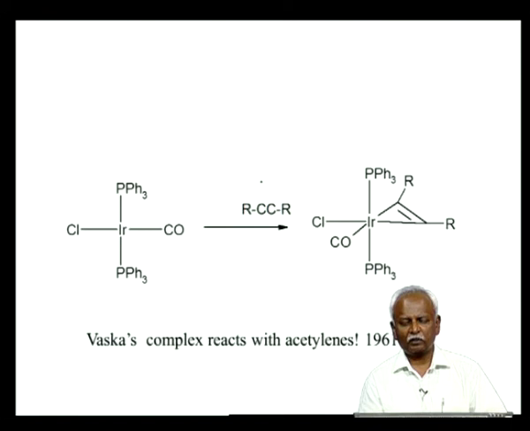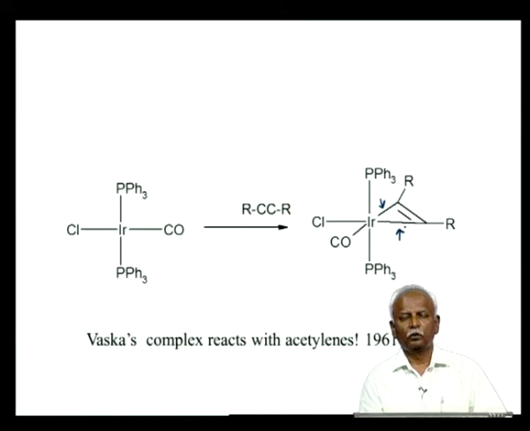A similar situation happens with acetylenes. Here you have a C triple bond C, the acetylene adds on to the iridium, and you can see easily that the 2 carbons are attached to the iridium in a fashion that indicates that you have these 2 new bonds.